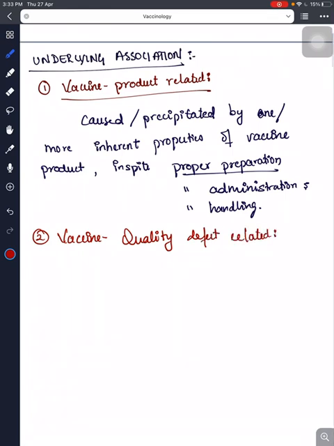The second type is vaccine quality defect related.